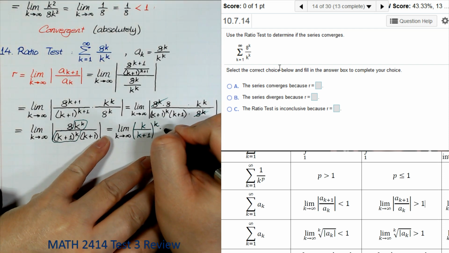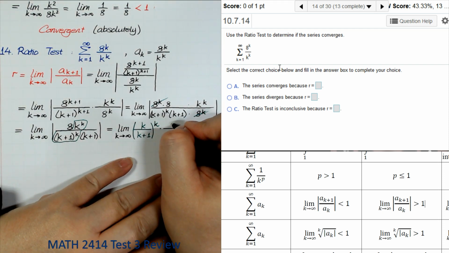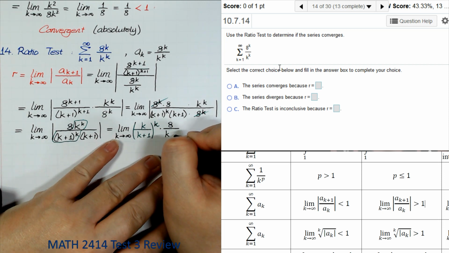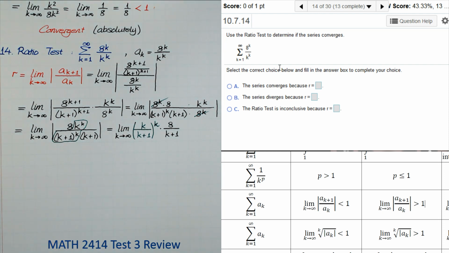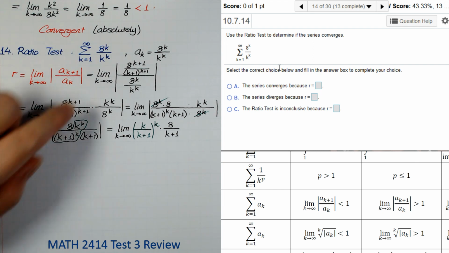And then after that, we have 8 k plus 1. I don't know why we have this, but this one is a lot more convenient if we use the root test with the k power.